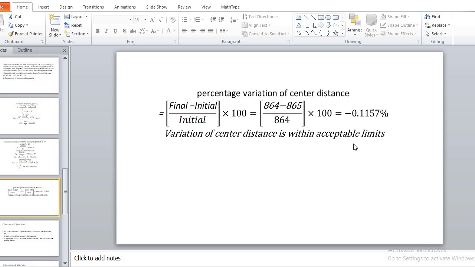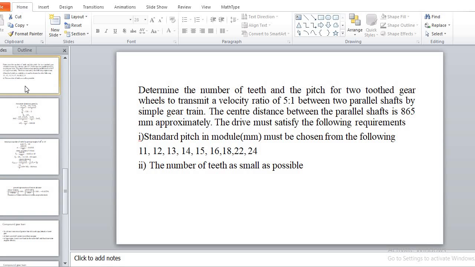This percentage limit is also given in the numerical. Here in this numerical it is also given that the percentage of variation should not be more than 1%.